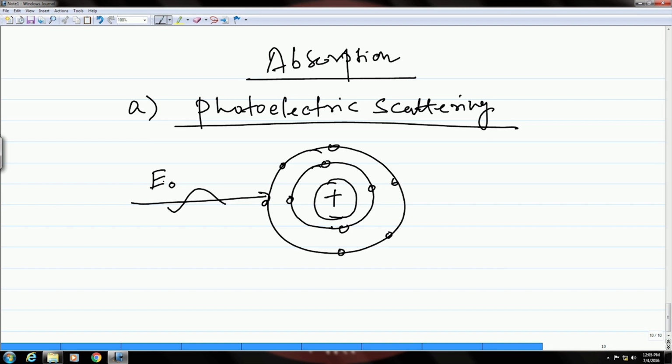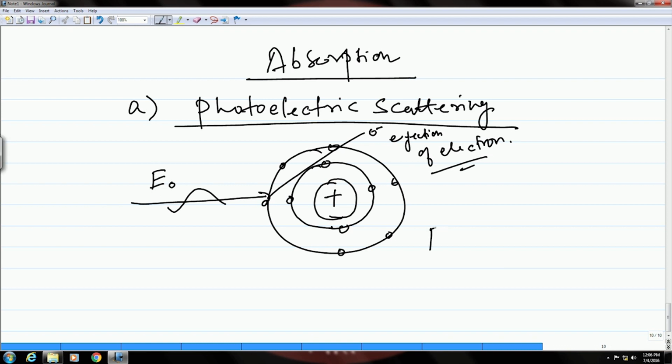And when the X-ray photons enter the material with a certain energy E naught, they will encounter these atoms and the electrons inside the atoms. So, in this case what happens, the X-ray photon will eject one outer electron and as a result the X-ray photon would lose energy.